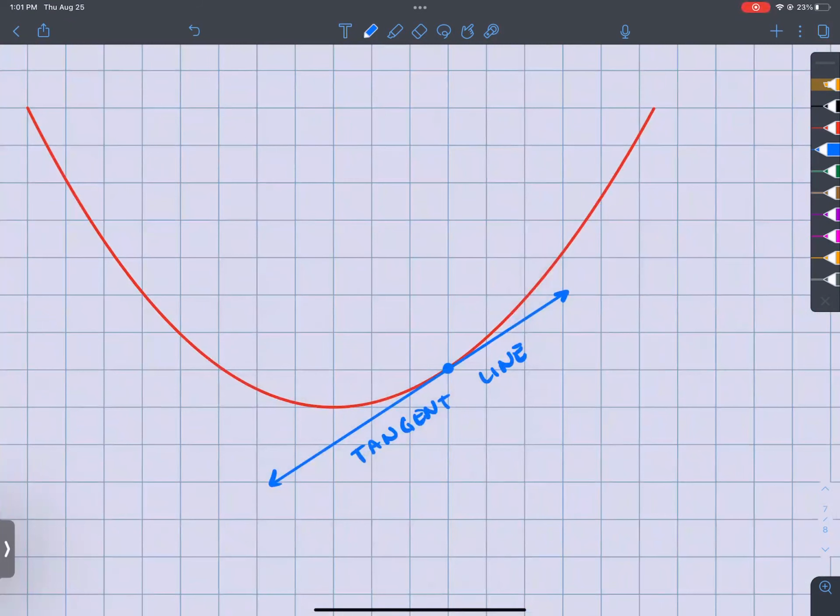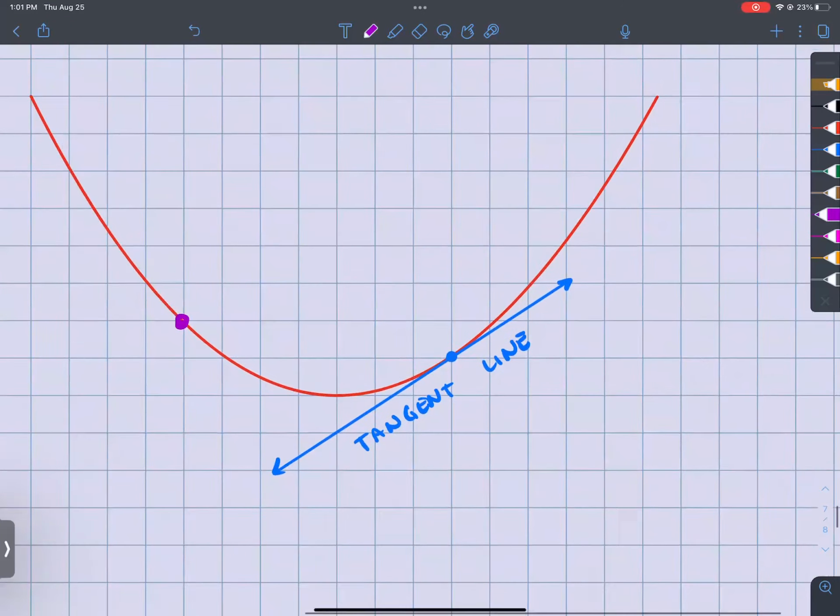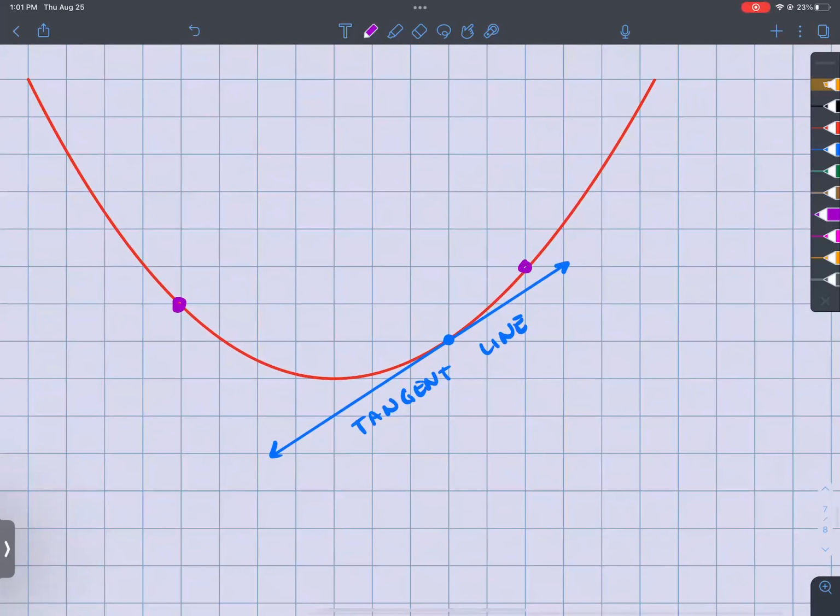Now a secant line, however, would be you picking a point here and picking a point that you can read here. This would be called a secant line.